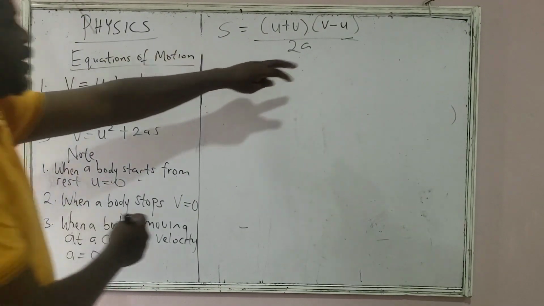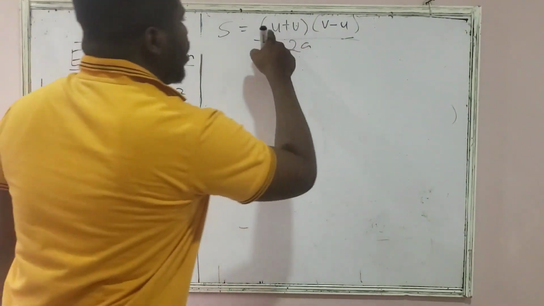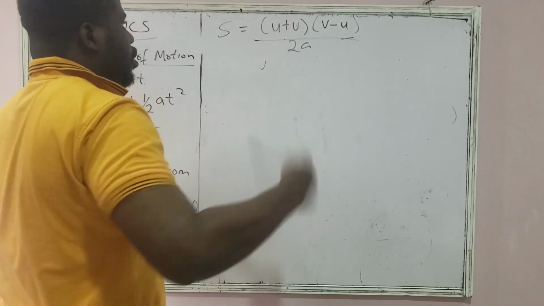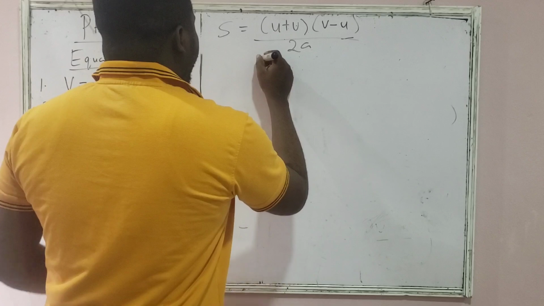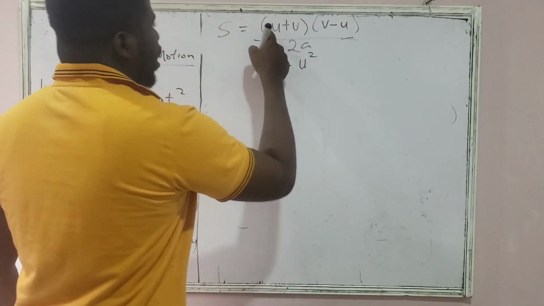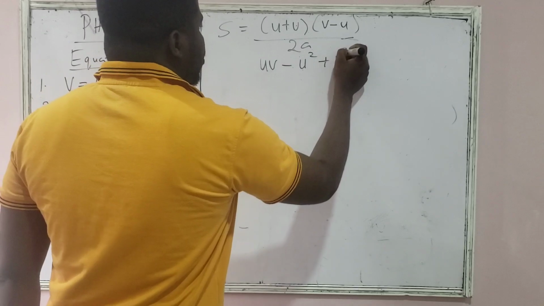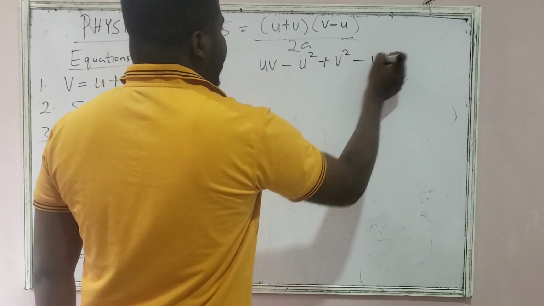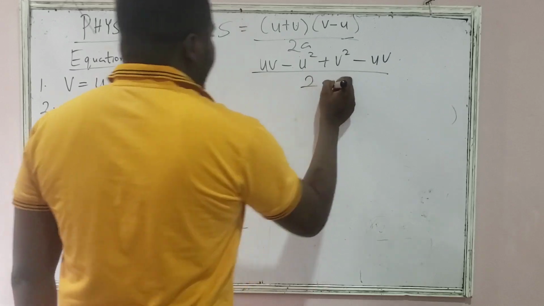The next thing is, let us open this bracket. U times V is UV. So we have (UV − U² + V² − UV) over 2A.